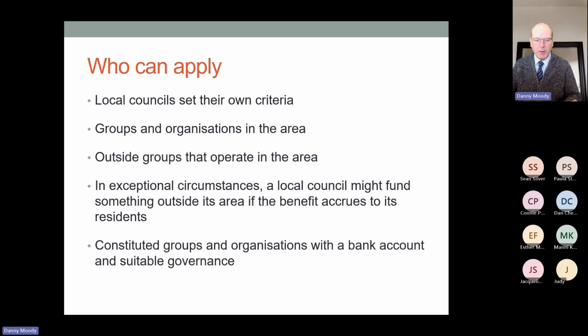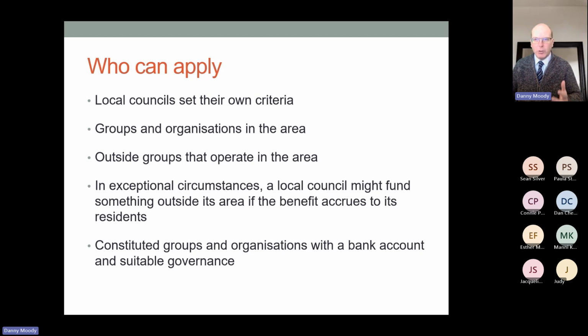So it might be that a group starts up in response to something that's happening in that community, but it doesn't yet have a constitution, it doesn't yet have a bank account, but it needs a small amount of money normally, just to get going in the first place. Sometimes it needs a little bit of money in order to get a constitution and a bank account and access to the appropriate support, even if it's just a few pounds.